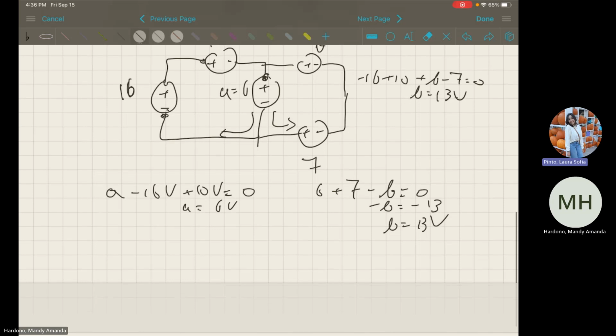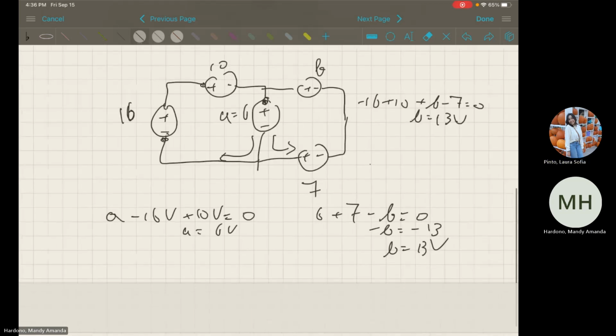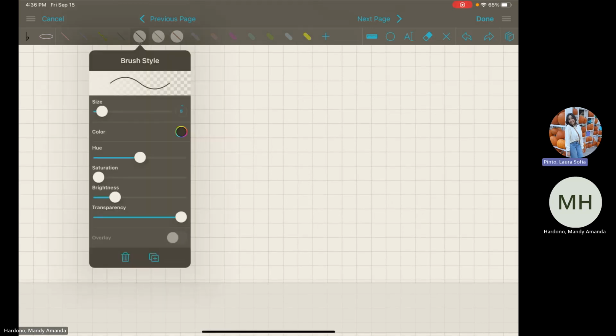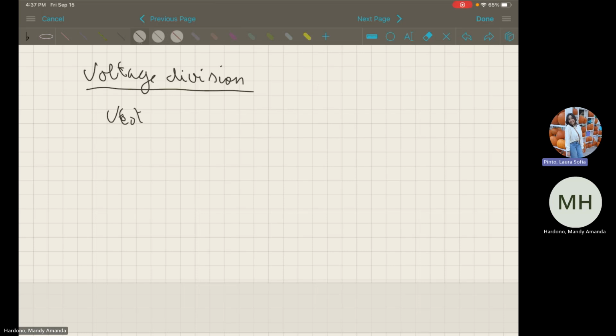And then I will go over the formulas for voltage division and current division. So for voltage division, who knows the formula for voltage division? V total times the resistance over R1 plus R2.